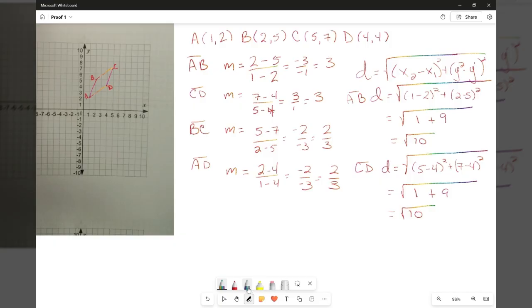I'm going to change color real fast because I'm going to write over here too. It's going to be a little crowded. I'm going to find the distance of DA.